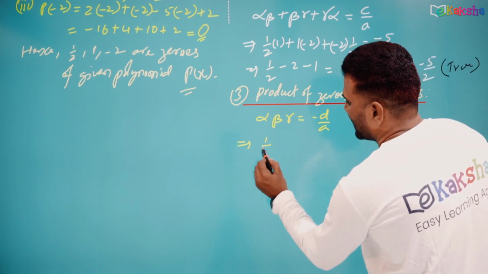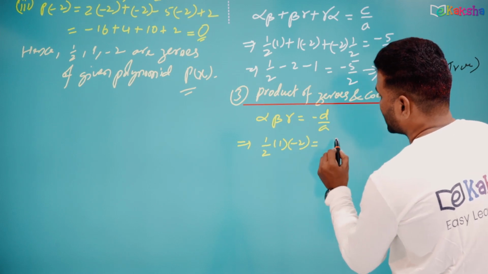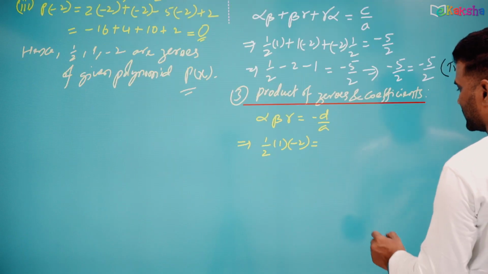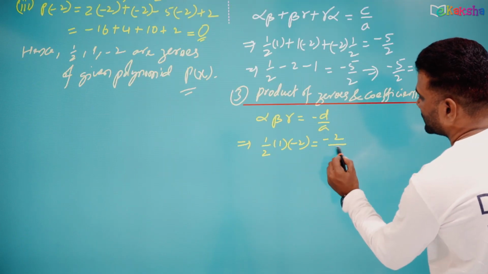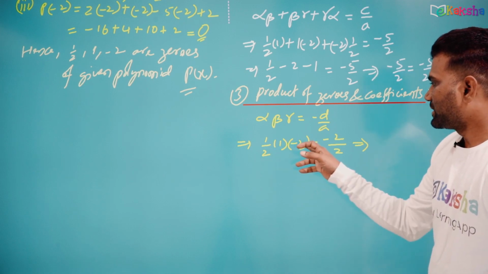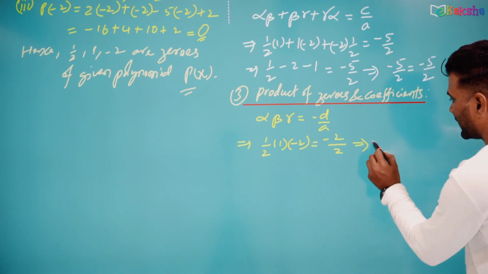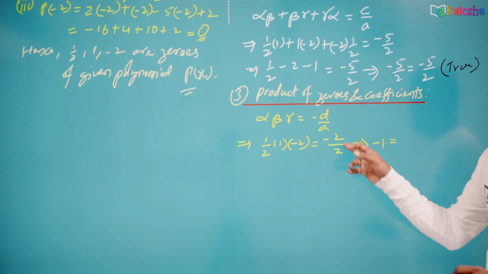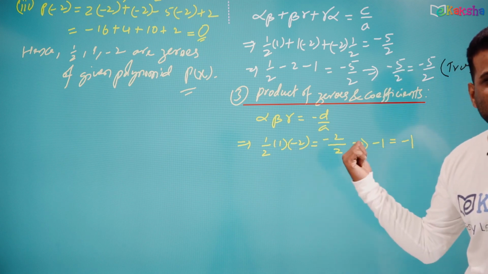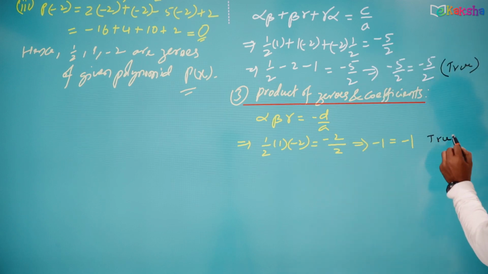Here alpha is half, beta is 1, gamma is negative 2, equal to minus d upon a. What is d here? d is 2, so negative 2, and a is 2. Here 2 divides negative 2, negative 1 time. 1 into negative 1 is negative 1. This is also true. The left hand side and right hand side values are the same.